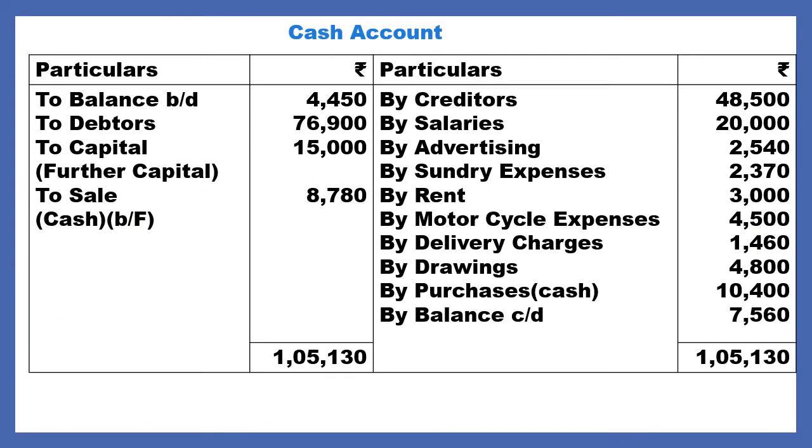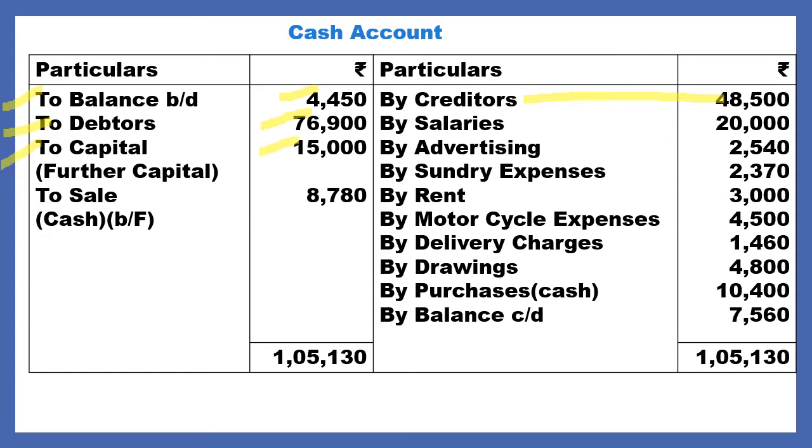Next, cash account. First opening balance, to balance brought down 4,450. Then payment to creditors 48,500. Then cash received from debtors, to debtors 76,900. Further capital, so to capital 15,000 rupees.